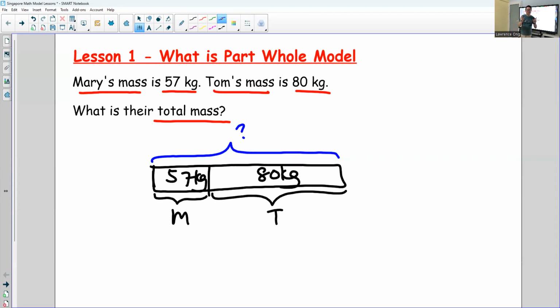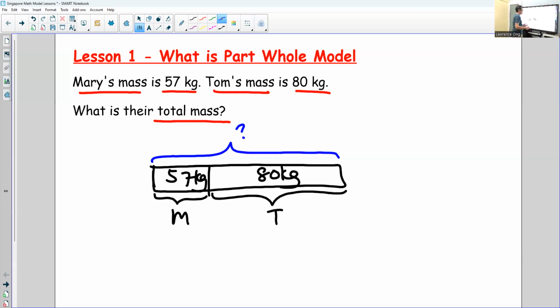You have an arrow that shows the part belongs to Mary, and a longer arrow that shows that part belongs to Tom. You also have the question mark, which is important because you need to know what to find to get the answer. If the model is done, you can see that it's clear and you'll be able to solve it.